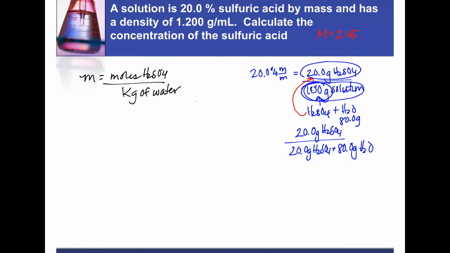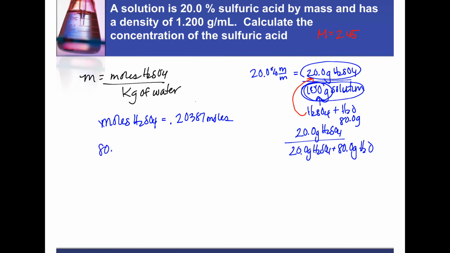Now, looking back at the work we did for molarity, we found that the moles of sulfuric acid was 0.20387 moles. And now I need to find my kilograms of water. I can use my 80 grams of water to do that.